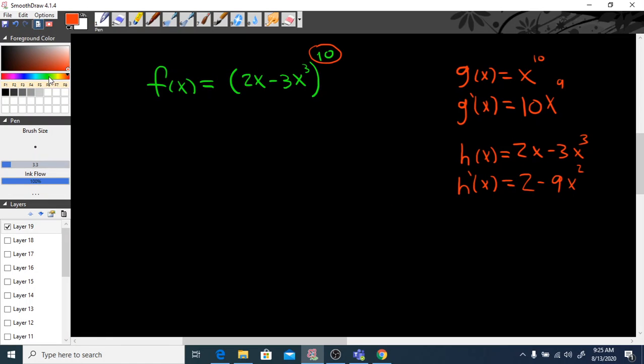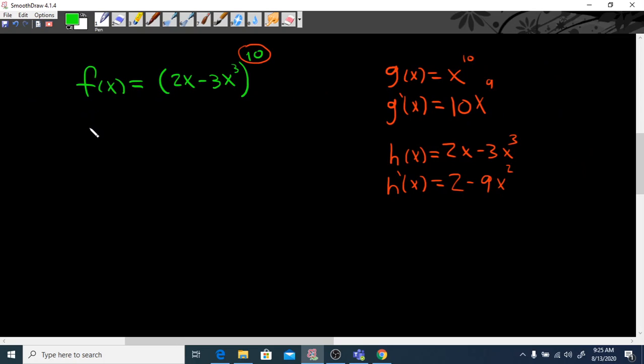Okay, so once again, we want outside in. So df dx is going to be: outermost function is something to the power 10. So we have 10 and then keep the inside the same to the power 9 multiplied by.